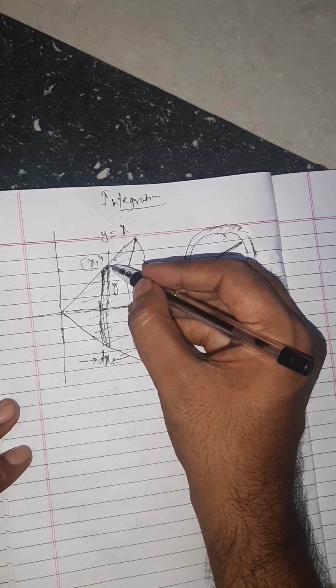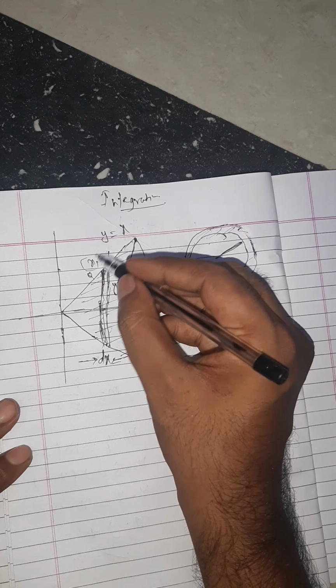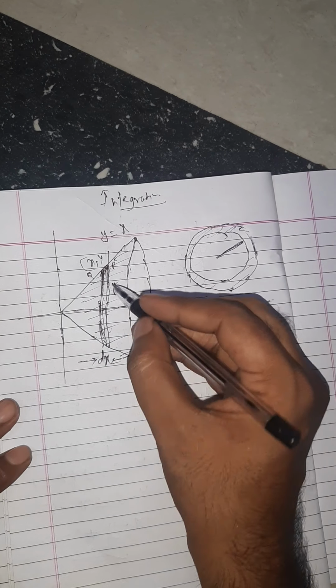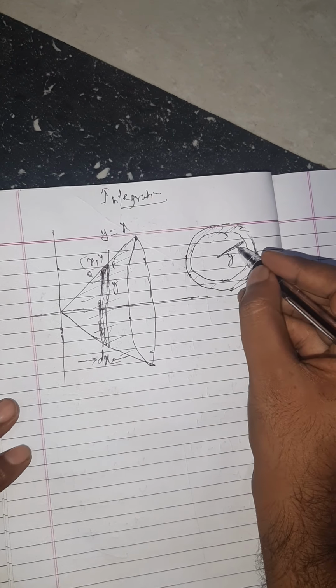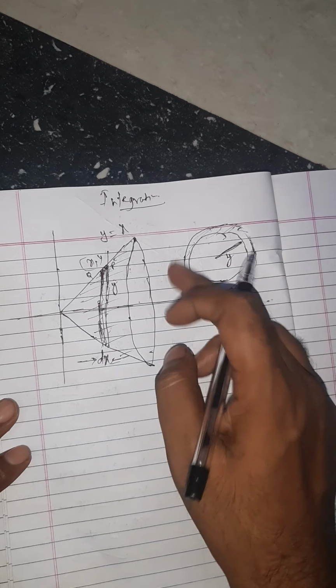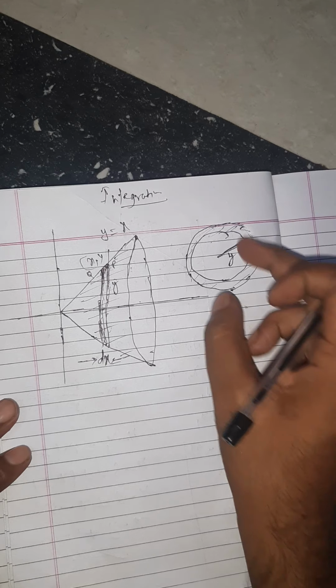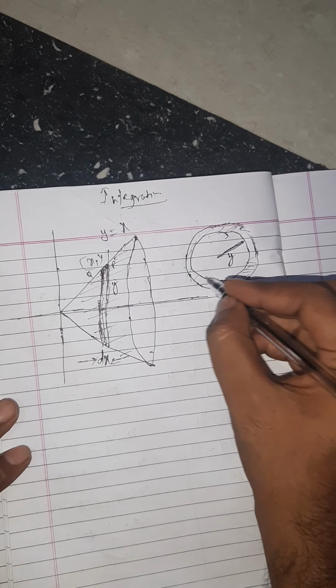That's why I am considering p and q as almost the same point, and taking only one coordinate, x and y. So this height is y, and this is going to be the radius. So pi y square will be the area of the base, and this is going to be the height.